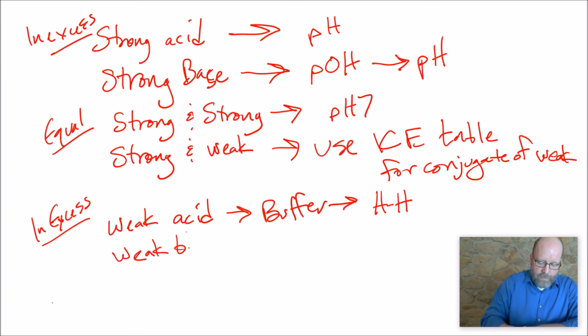You might have to do some converting. You might have to turn the Kb into the Ka. Remember, Kw equals Ka times Kb. So you're just going to take Kw, 1 times 10 to the negative 14th, and divide that by your Kb to find your Ka of the conjugate acid. But it's the same thing. You're getting a buffer, and you're going to use that and Henderson-Hasselbalch.